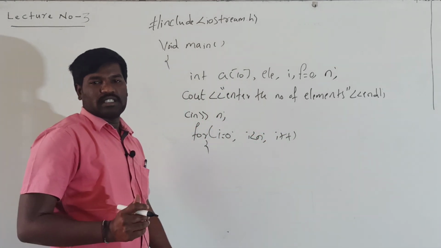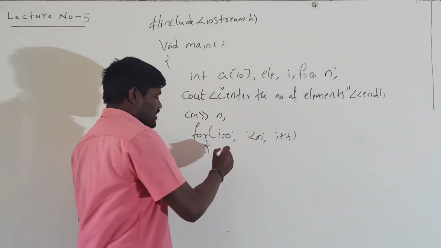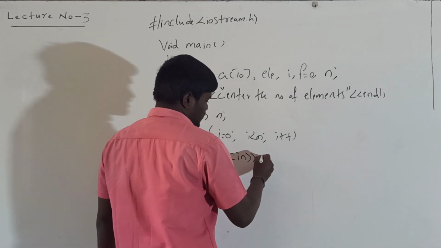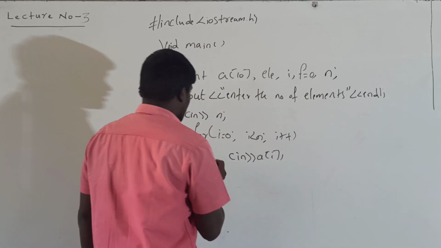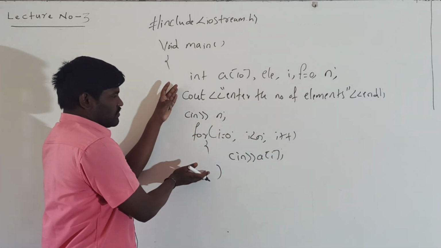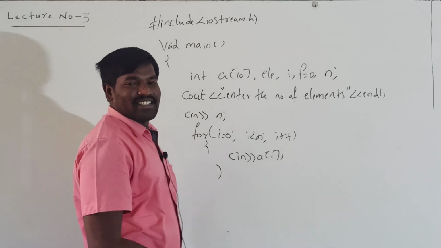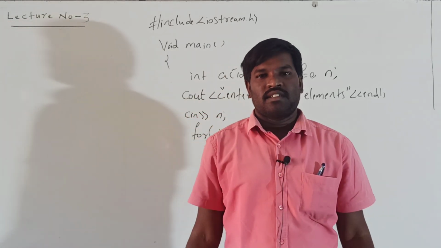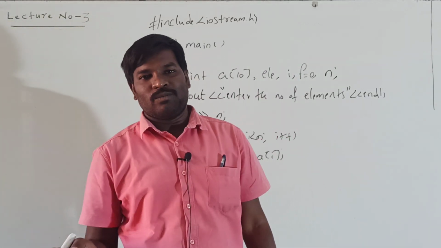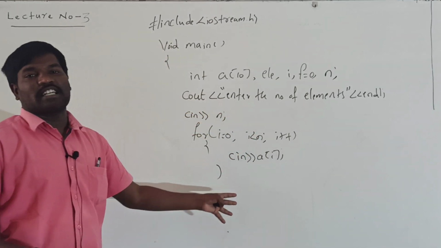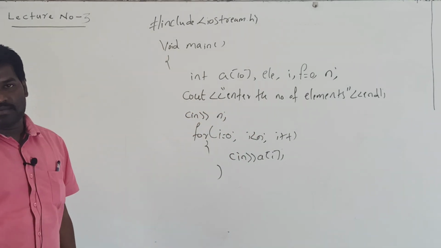For i is equal to 0, i is less than n, i plus plus, cin of a of i. So up to this much, these 4 or 5 lines indicate reading the array elements. If you want to read the array elements, compulsorily we write these steps. So it is fixed.